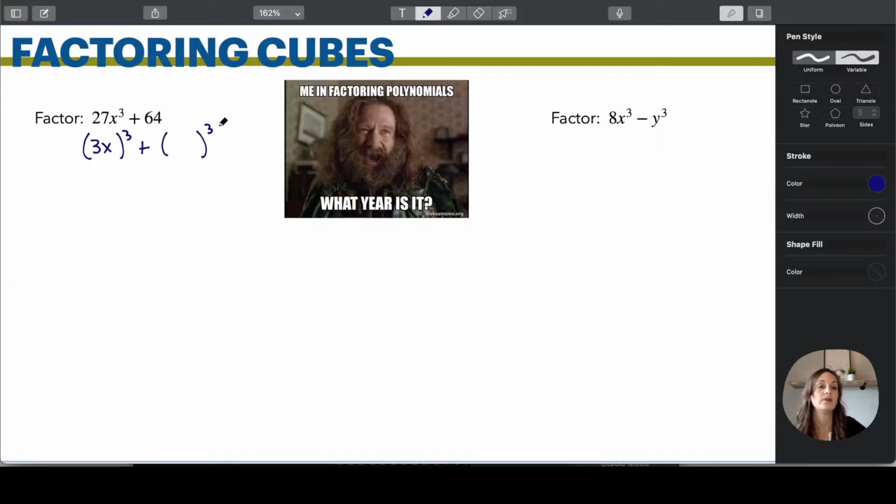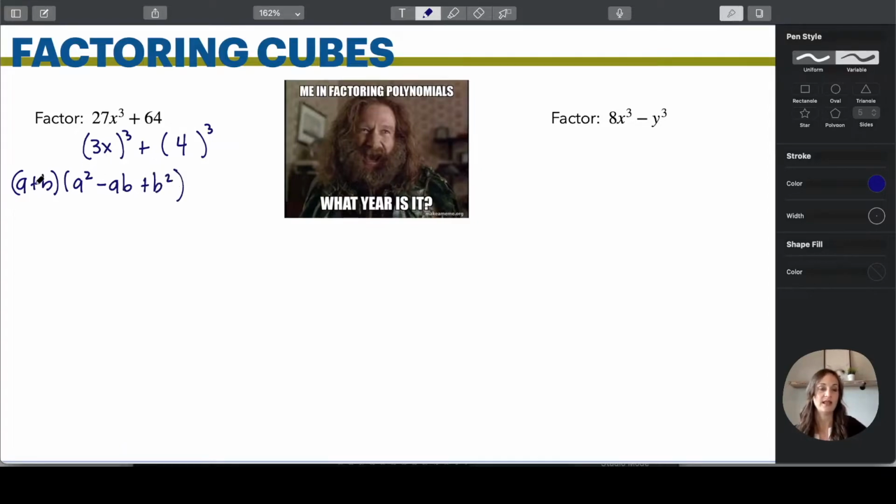And then what number to the third power gets you 64? The answer is 4, because 4 times 4 times 4 gives you 64. Because this has the plus sign, we are going to use the formula a plus b times a squared minus ab plus b squared.